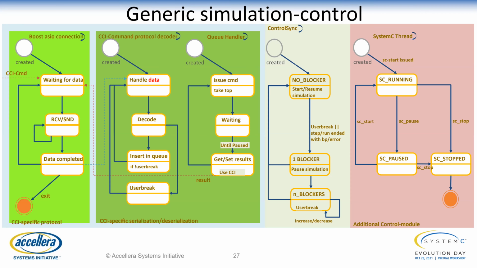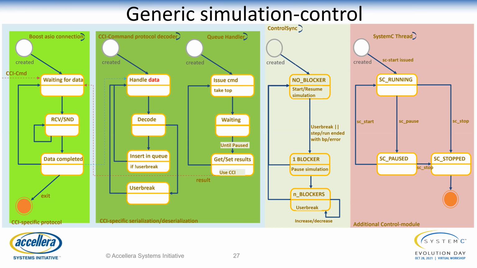So I imagine we would have a boost connection which would receive the data, a specific CCI command protocol decoder, the same queue handler. So we would have some form of CCI specific serialization and deserialization. We would have a control sync class which would know how to start and resume the simulation depending on how many blockers I would have.